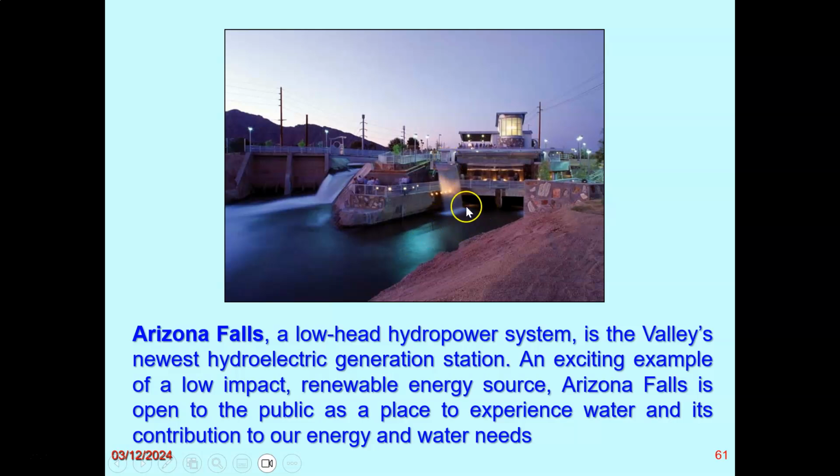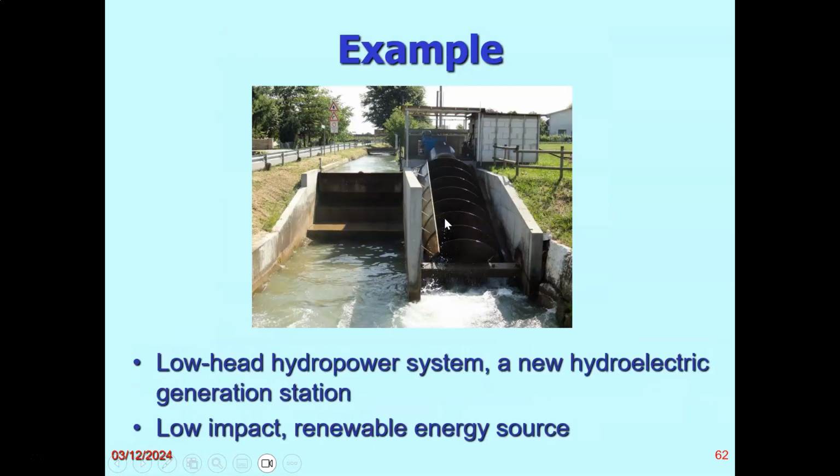You can see the waterfalls, and you also contribute to the generation of power. It is the simplest system to produce energy, because it doesn't require any control or maintenance.